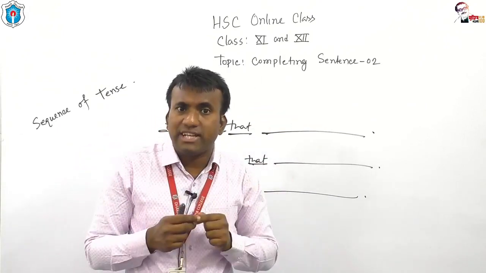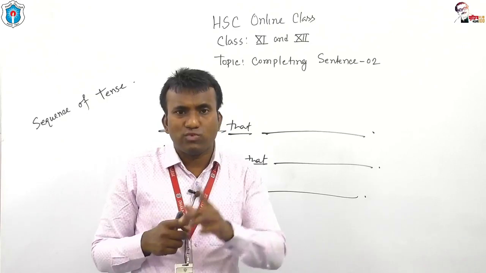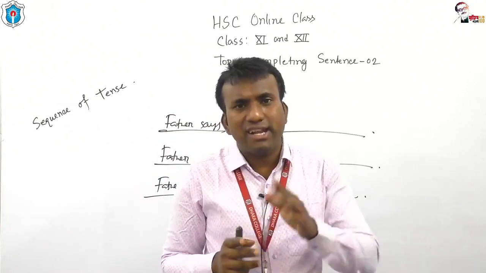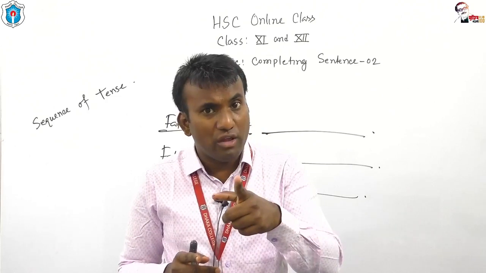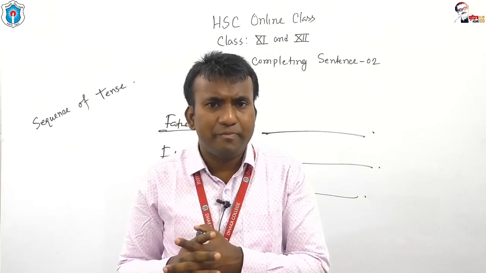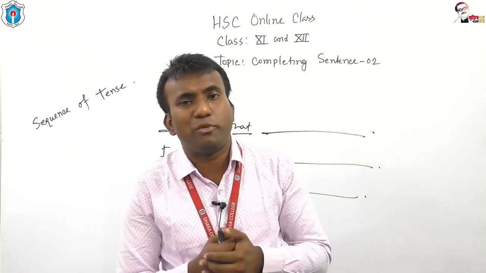Definitely a complex sentence, you know that a complex sentence contains two clauses. One is principal clause, another is subordinate clause. Be careful. I talked about this topic some 2 or 3 classes back. A complex sentence consists of one principal clause and one subordinate clause.